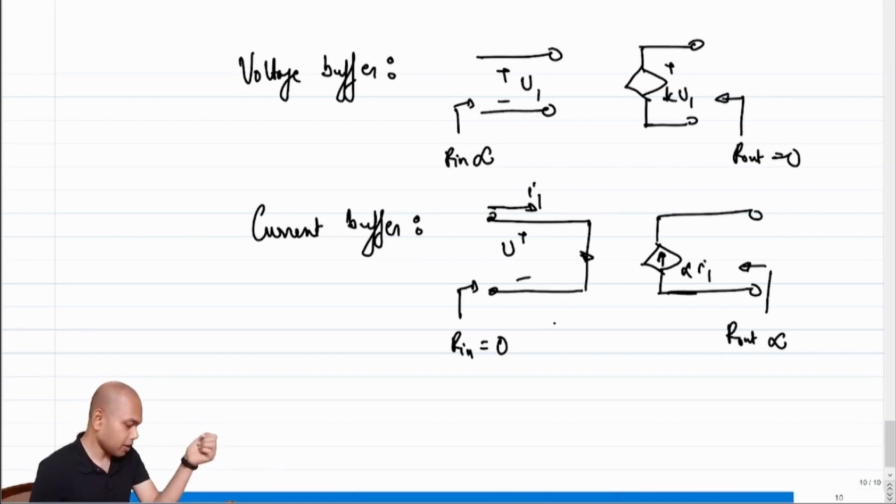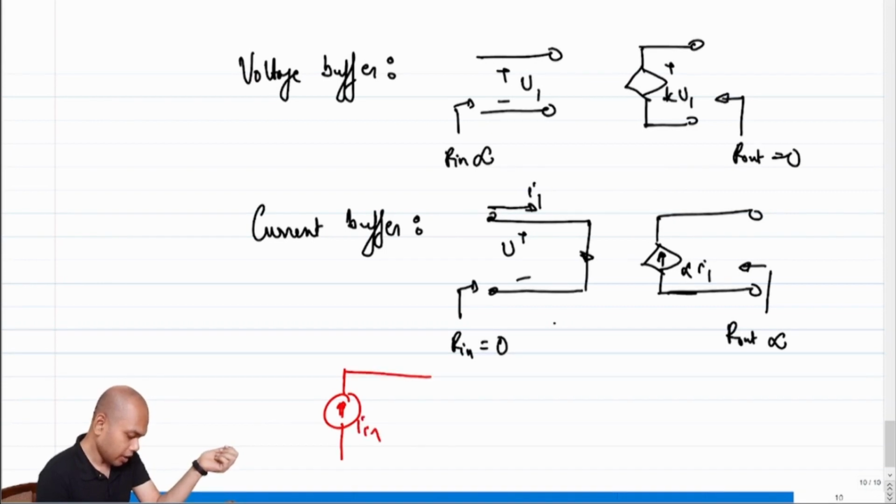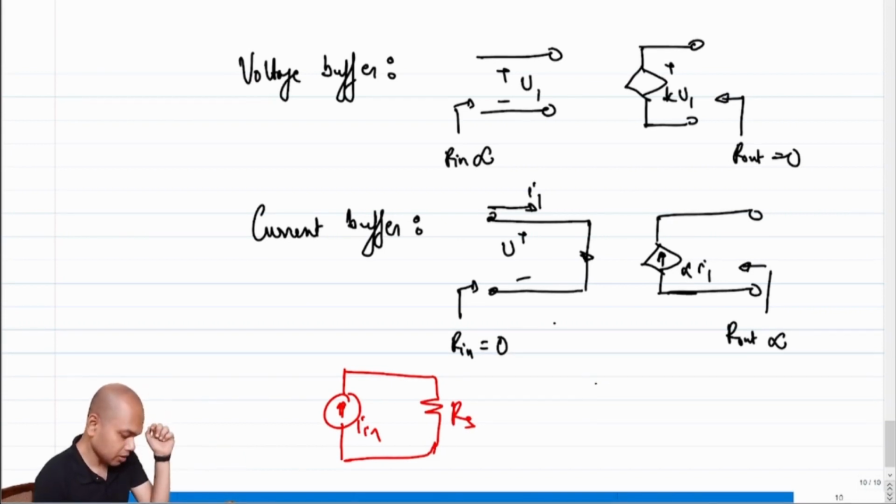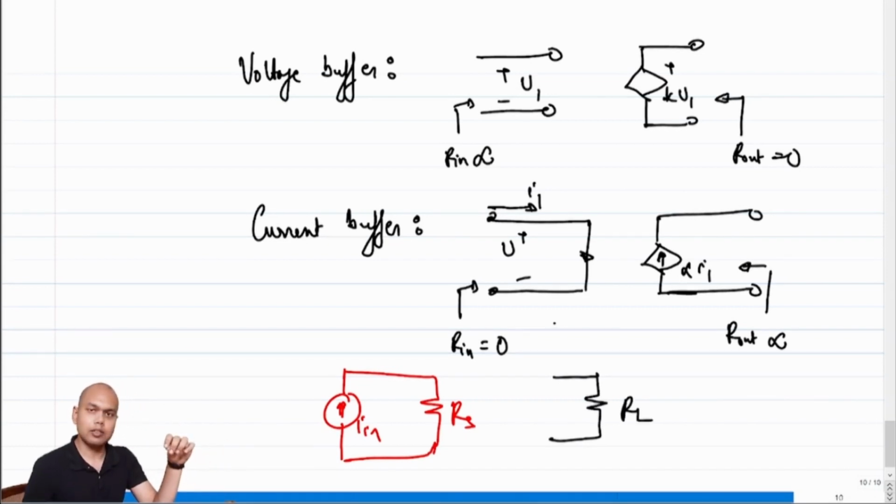We call it a buffer because, let's say I have a non-ideal current source, I in. It has some resistance Rs, and I would like to pass this entire I in through another resistance RL.